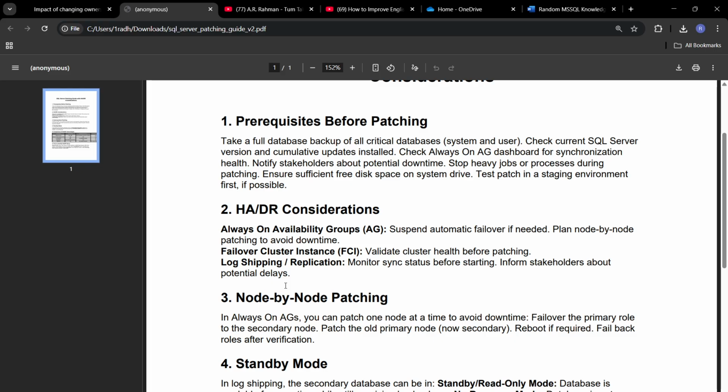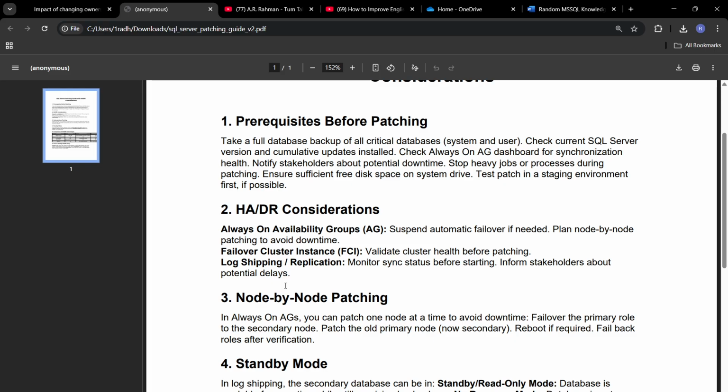And what are log shipping and replication? Log shipping is basically where we send the transaction log from primary to secondary after every scheduled interval, and it is used for disaster recovery. Replication, like Always On, sends the data from primary to secondary after a very short period of time in sync mode.